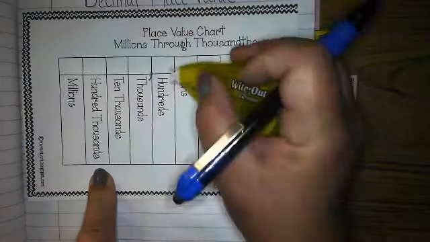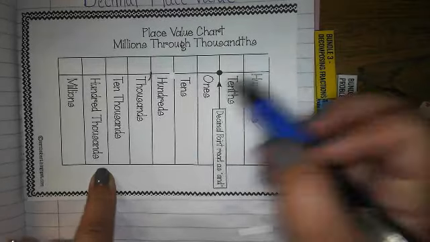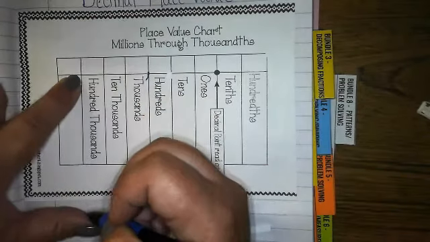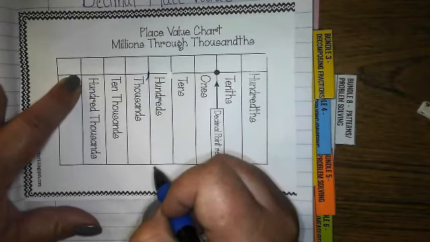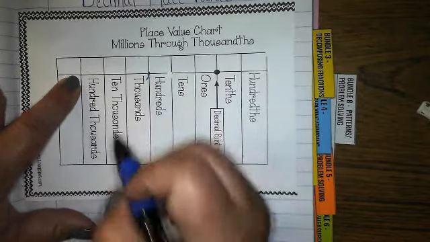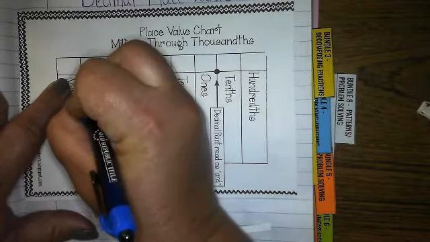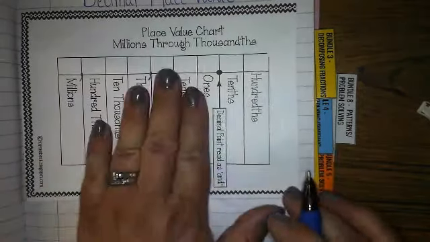I have another group of 3 there. So what do I need? Who can tell me? Javier, what do I need after that group of 3? That's right, a comma. So I'm going to put another comma, and then I have my millions.